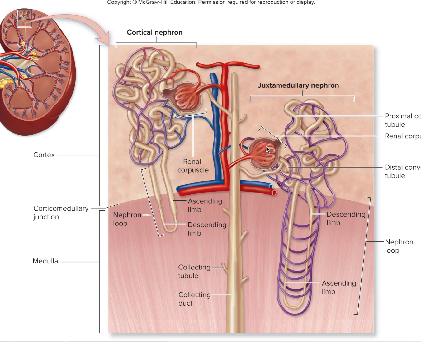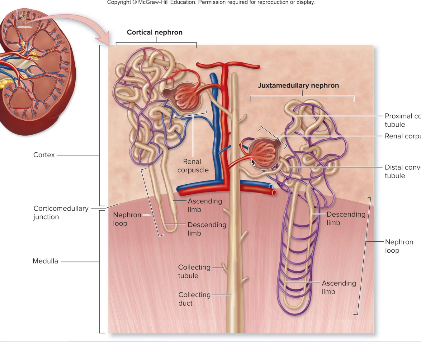So the filtrate coming through, well, actually at that point it's blood plasma. The plasma is being pushed through the glomerulus and collecting in this capsule here. And this capsule has a space, which is called the capsular space.